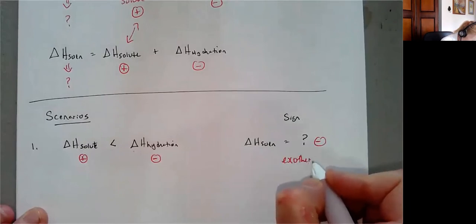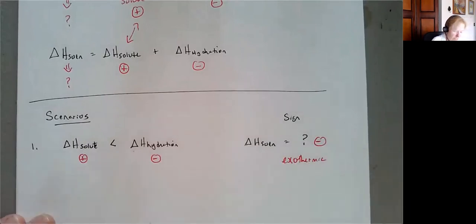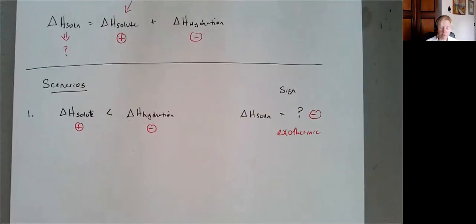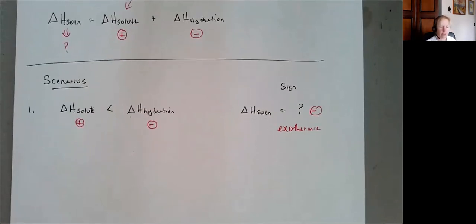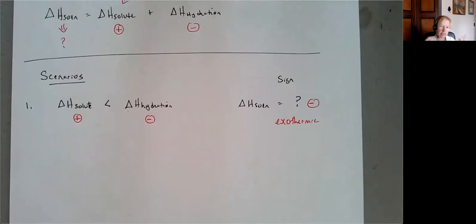and this is going to be exothermic. That means when I take that ionic compound and I drop it in water, I'm probably going to feel, if I'm holding the test tube, it's going to feel warm because it's going to release energy. It's going to release because it has excess energy, because the heat of hydration is going to be greater. So the energy is going to go from the solute and the solution into kind of the atmosphere. All right, I'm going to feel it. It's going to feel warm.